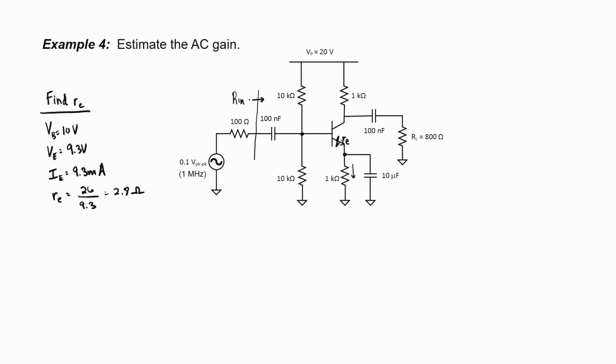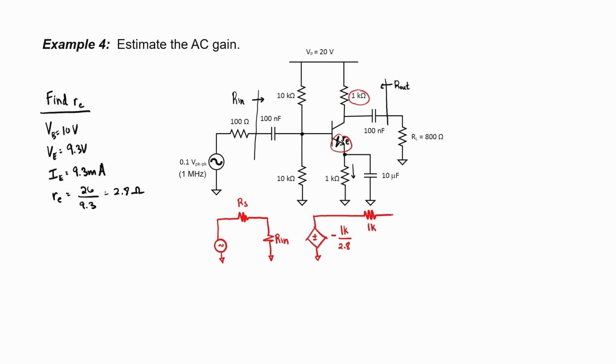Let's label R sub in and R sub out, and now I'm going to draw my AC equivalent circuit. My voltage gain is going to be 1 kilo ohm divided by R sub E. That ratio is 357, so the gain segment is going to give us a pretty big number here.